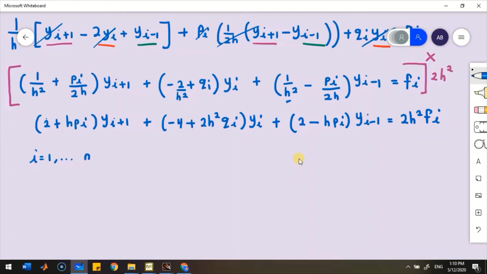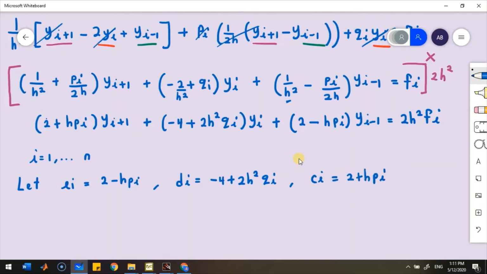Now for simplicity again, let ei equal 2 minus h pi, and then we have di equals minus 4 plus 2h squared qi, and then we have ci equals 2 plus h pi.